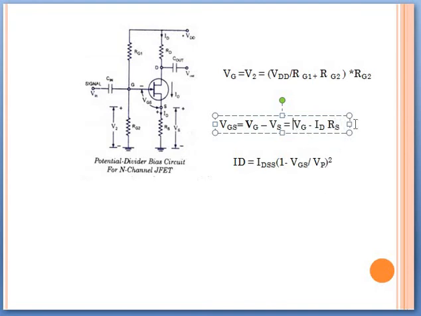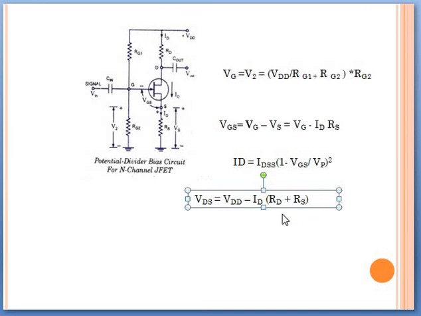By substituting this, we get ID. Then to calculate the operating point of the characteristic equation, we have to know VDS, the drain source voltage.